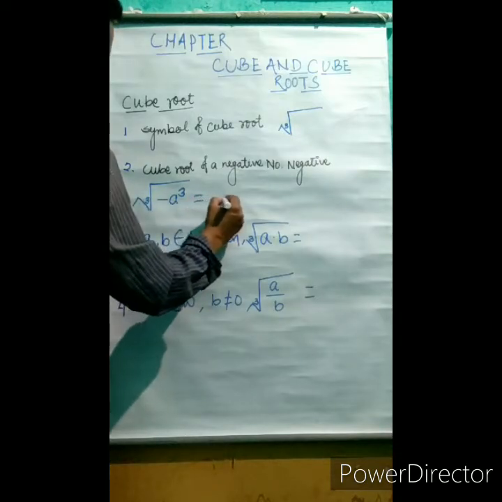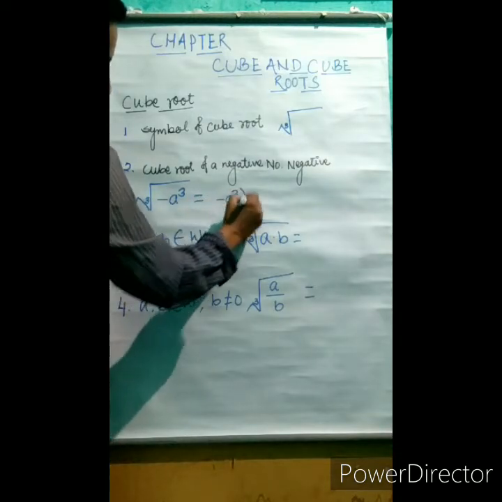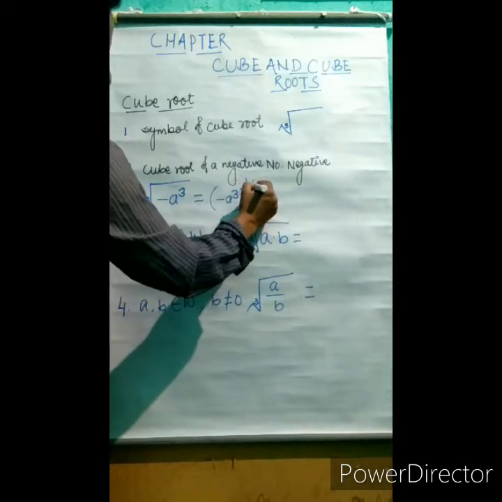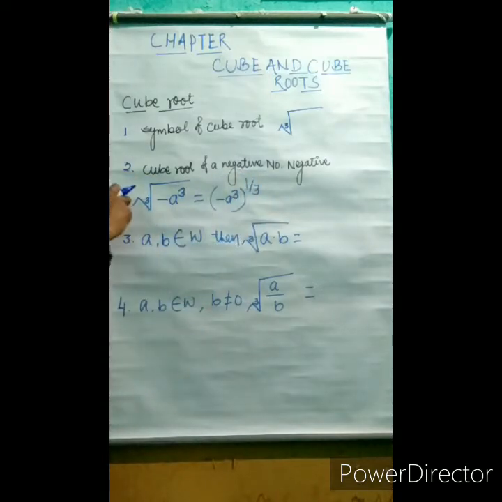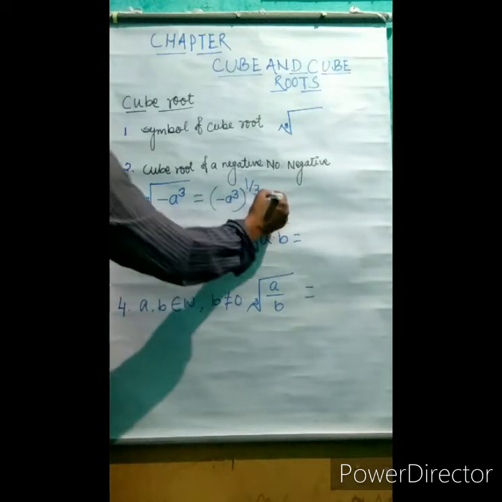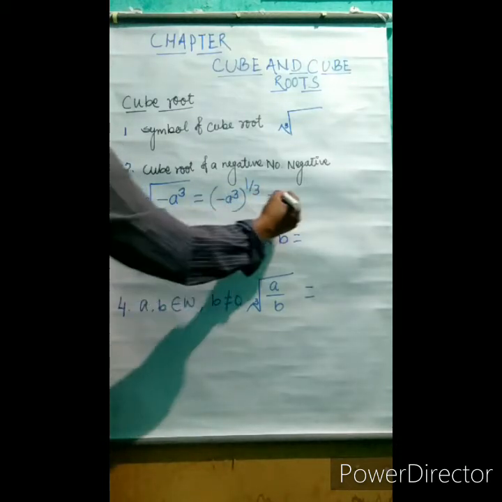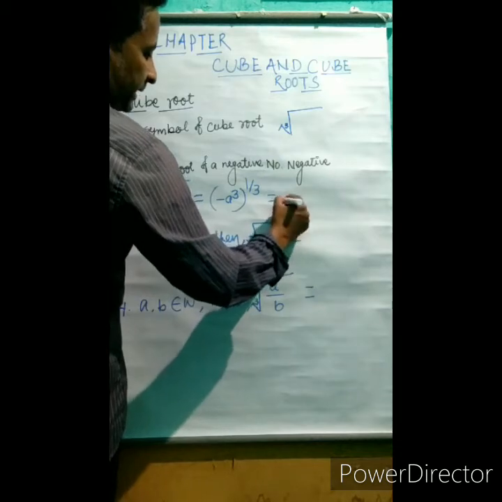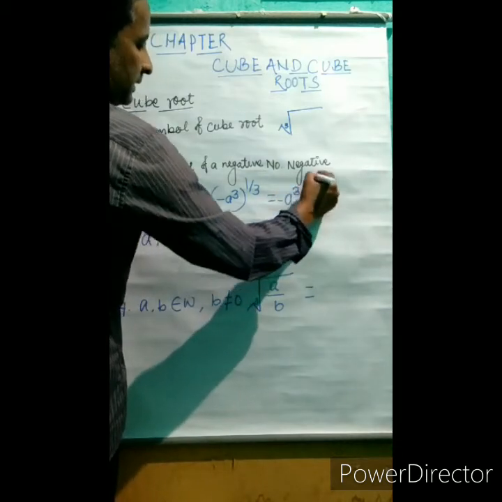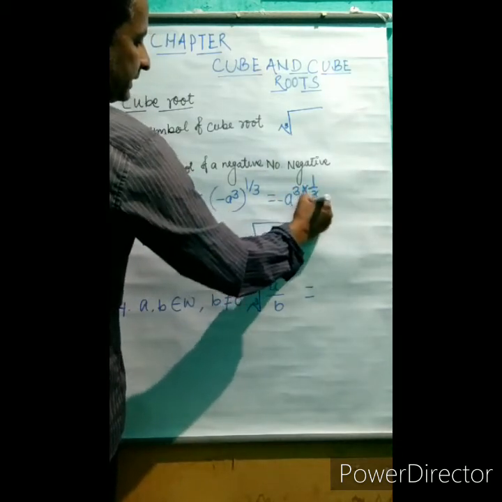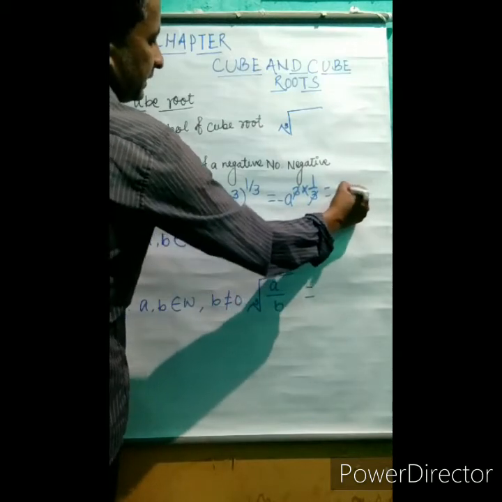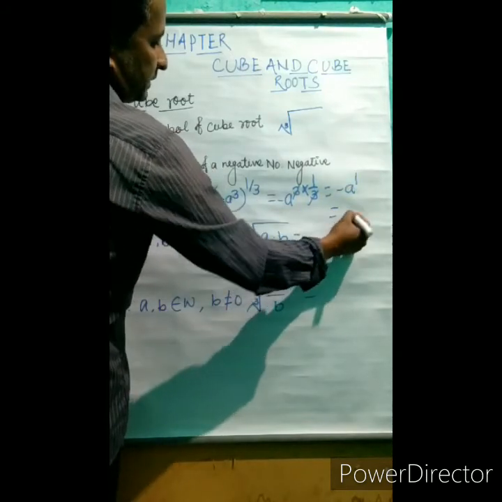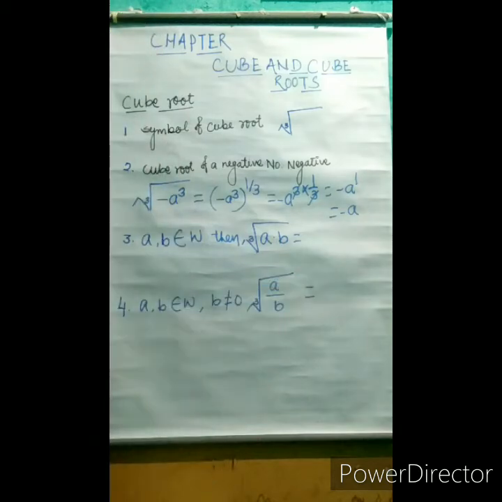We can write minus a cube whole power 1 over 3, because to remove this cube root we put 1 over 3 power. You know that power to the power will multiply, so minus a cube multiplied by 1 over 3, this cancels, you will get minus a power 1, which is minus a. So we proved that the cube root of a negative number is negative.